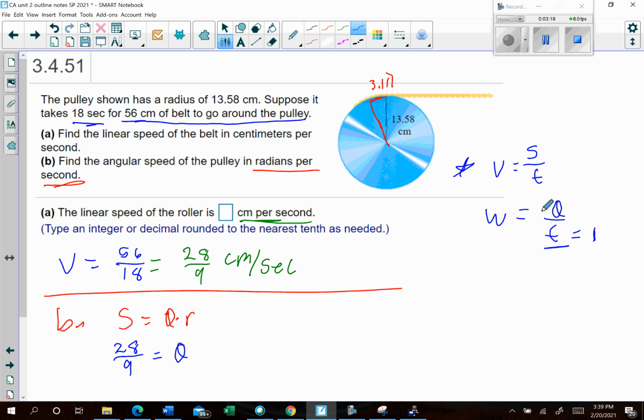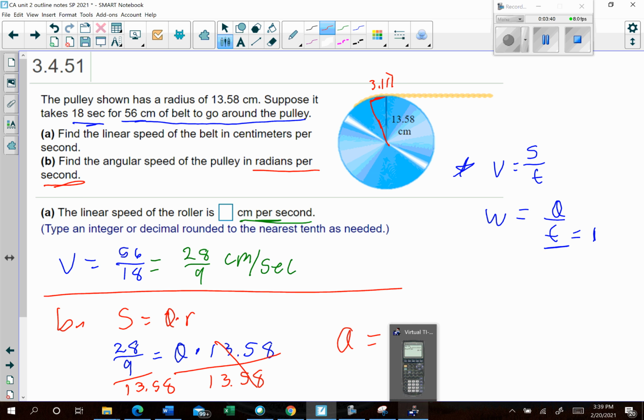It was pretty nice how it got set up. The radius is 13.58, so I'm going to divide both sides by 13.58, and that'll give me theta, the angle per second.